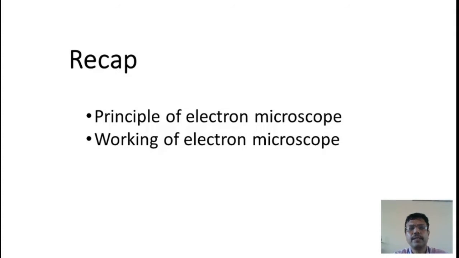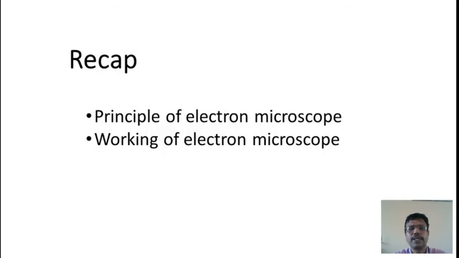So the electron beam is accelerated by applying high potential difference between cathode and anode. When the voltage between cathode and anode is more, its wavelength decreases. Since resolving power is inversely proportional to the wavelength, when the wavelength is less, resolving power is more.